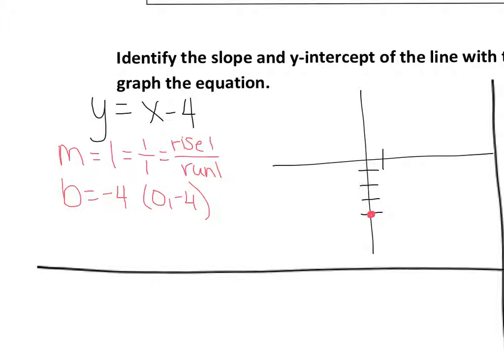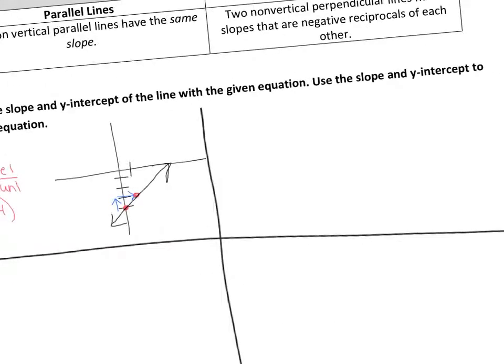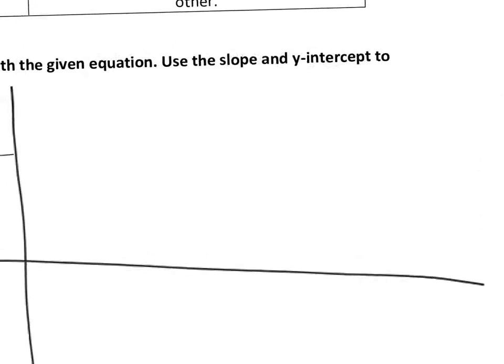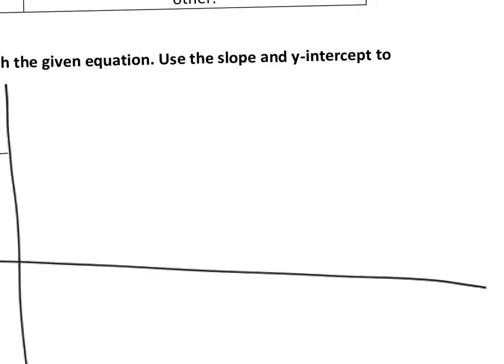So starting at my y-intercept, my slope tells me I need to rise 1, run 1. Once you rise 1, run 1, you plot your second point, you can connect your points, and you have your line. So this is a much simpler and much easier and much more useful way than finding the x and the y-intercepts or even making a table.